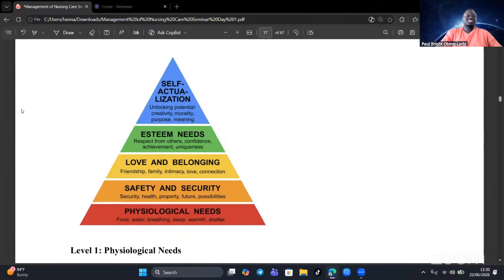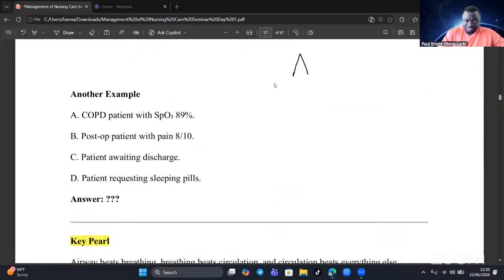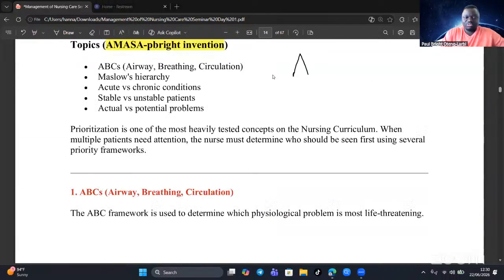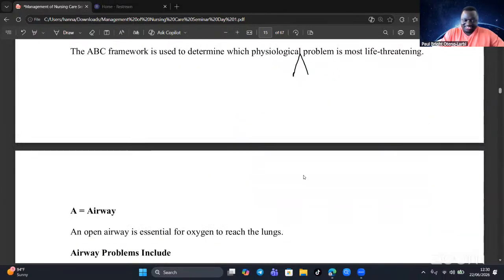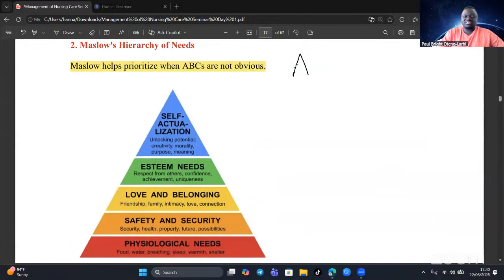Now you ask yourself, what is my acronym? When you get the acronym, AMASA, then you analyze yourself. This is AMASA. Can I see any ABCD need here in the question? Can I see any Maslow's hierarchy of needs here?